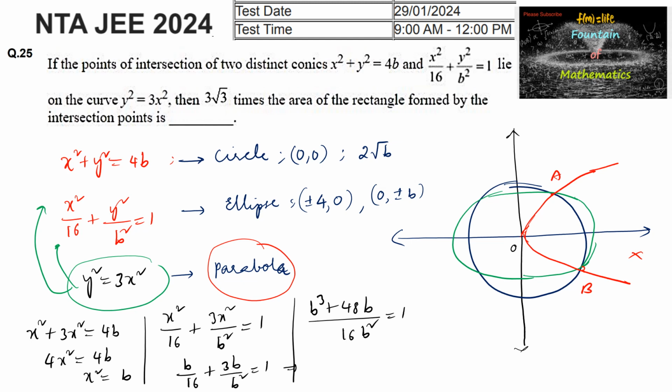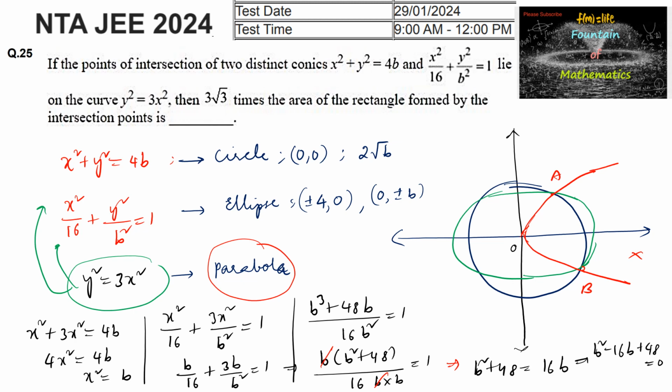1. Or we can write b to the power of 3 plus 48b, or we can take b common, b taken common, b square plus 48 divided by 16 times of b into b is equal to 1. So b and b get cancelled. Some simplification, we get here b square plus 48 is equal to 16 times of b, or b square minus 16b plus 48 is equal to 0.